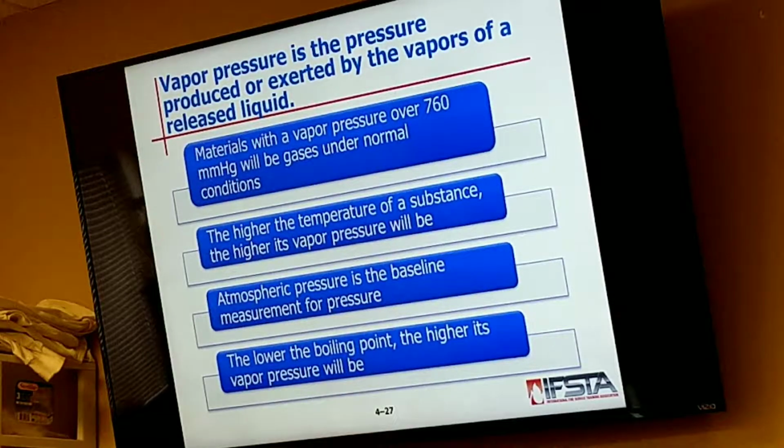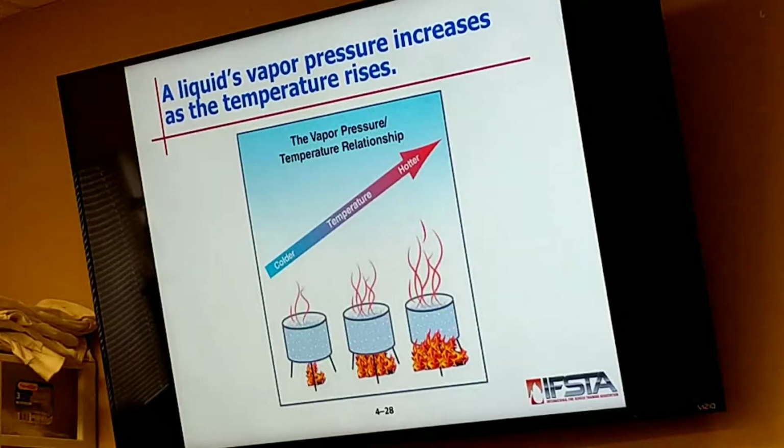Usually it's reported as pounds per square inch, kilopascals or bars, millimeters of mercury, or atmospheres. A material that has a vapor pressure over 760 millimeters of mercury will be a gas under normal conditions.